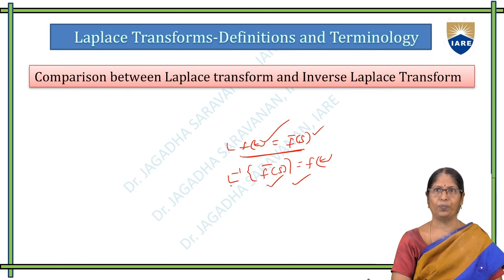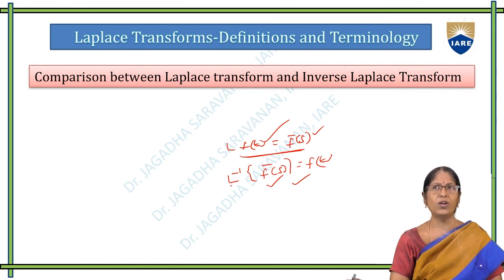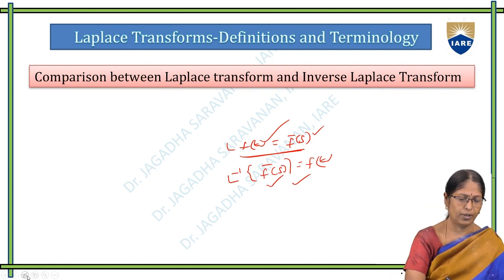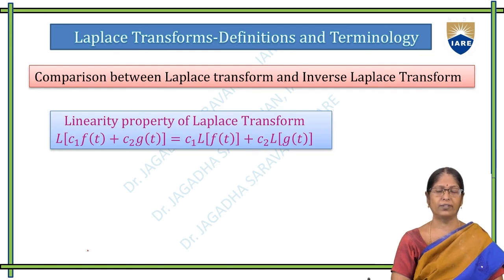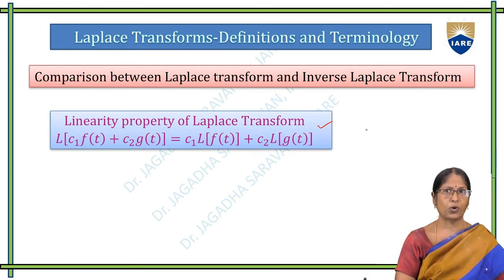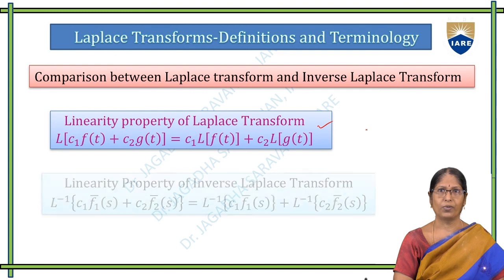So first shifting of Laplace, what is the format? First shifting of inverse Laplace, what is the format? If we do the comparison, we can remember the formulas strongly. Just two formulas we will discuss. This is the linearity property of Laplace transform.